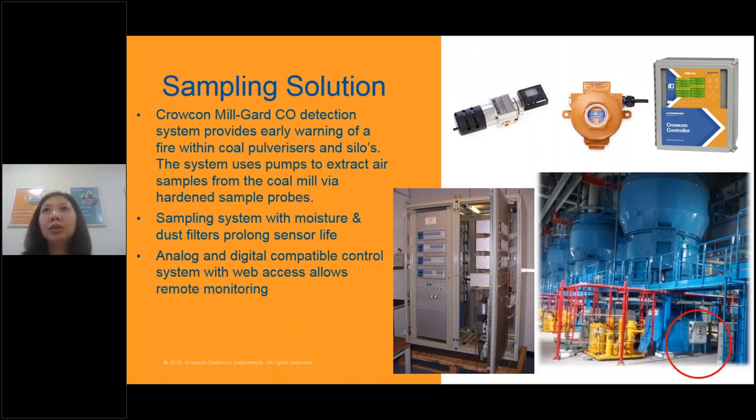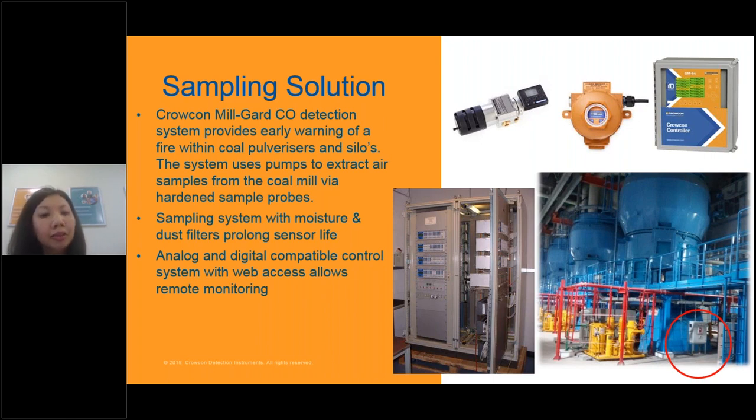Your sample could be hot, dusty, or wet, and this can be treated in a sampling panel where the display and control can all be housed in one central location that's easy to maintain.